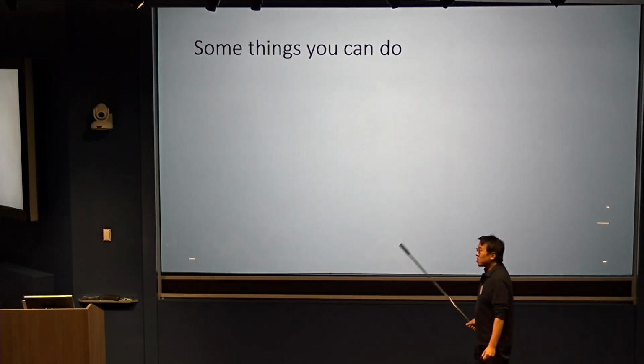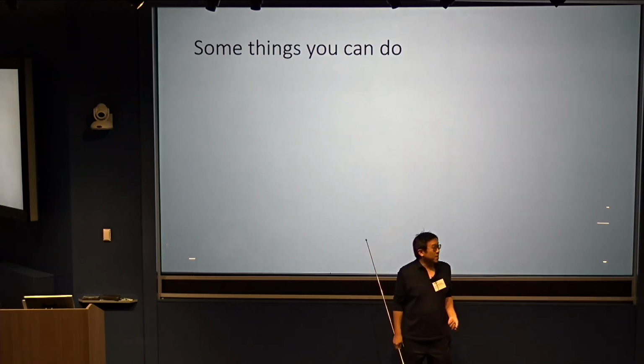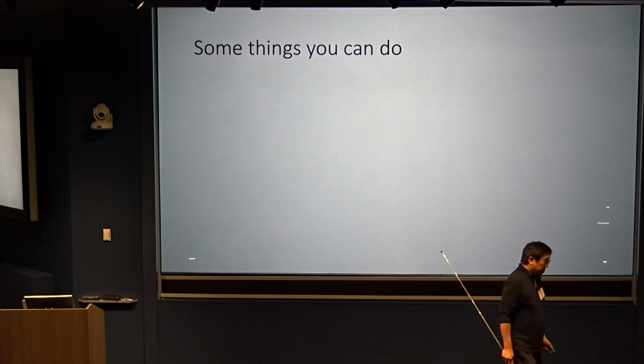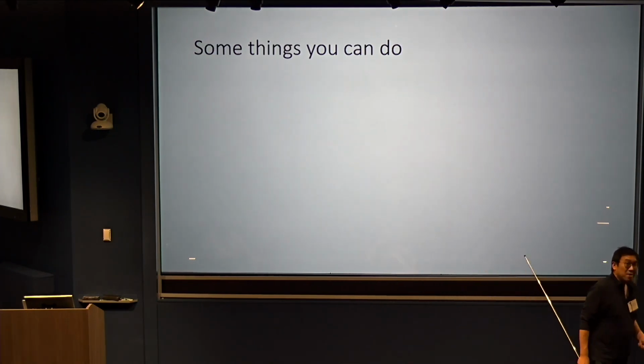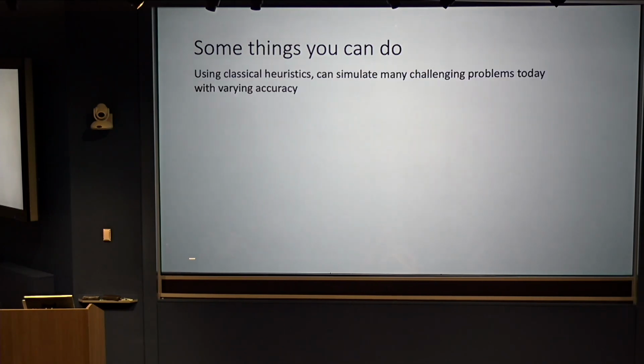So what can you do with all these techniques and these insights? As it turns out, you can simulate many types of problems with some degree of accuracy, and in many cases, accuracy that is very useful.